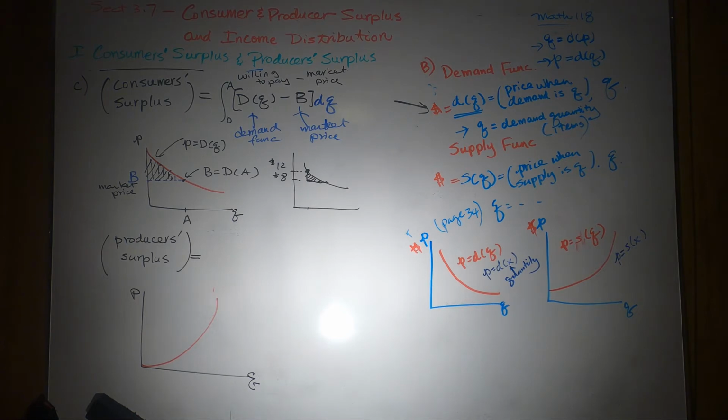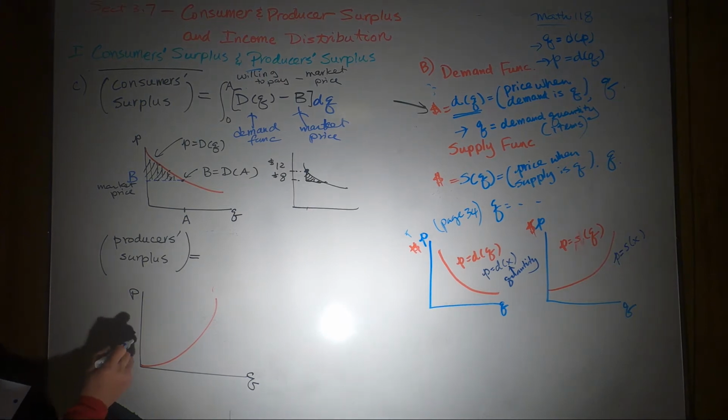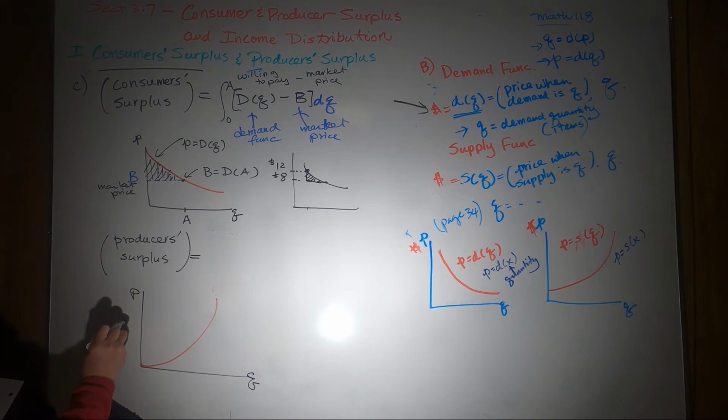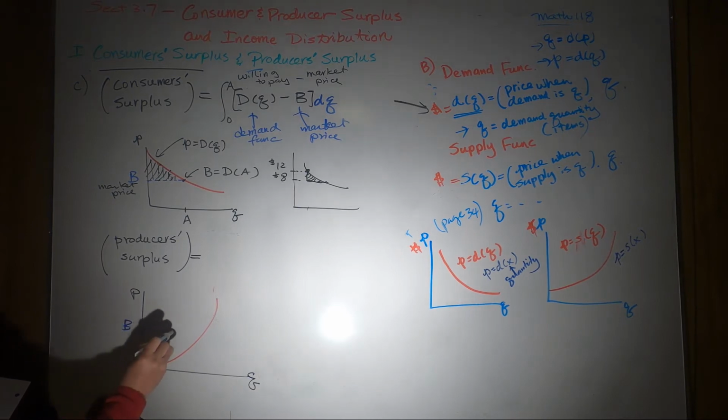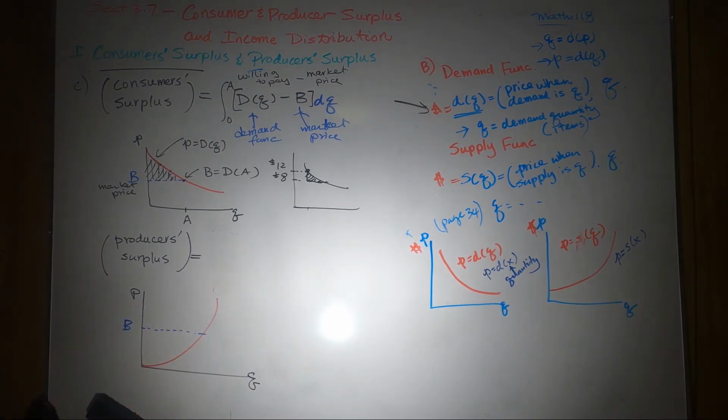Then see how much surplus the producers, manufacturers can accumulate. So if its market price is B, like this, and the quantity the producers are willing to sell, the market price is much more than that, then the leftover will be their surplus, right?